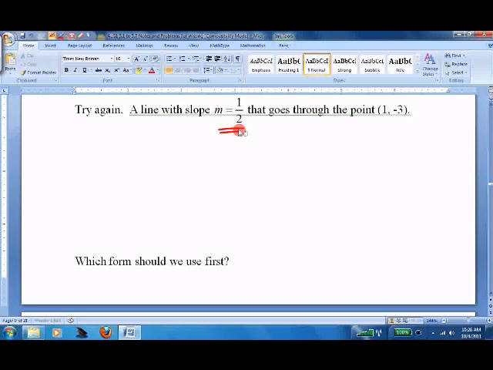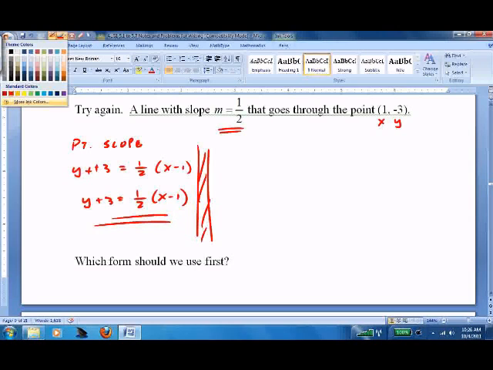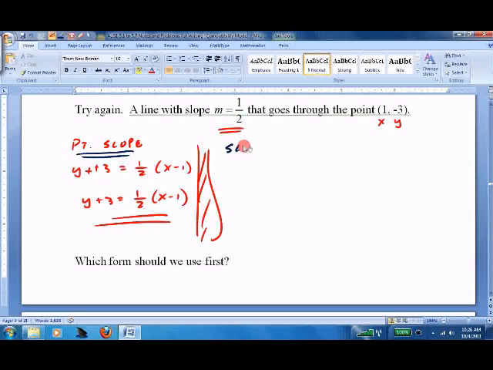This time I've given you the slope, so that makes life easy. So point slope: y minus negative 3 equals 1/2 times x minus 1, so y plus 3 equals 1/2 x minus 1. Done. Let's put that into slope-intercept.